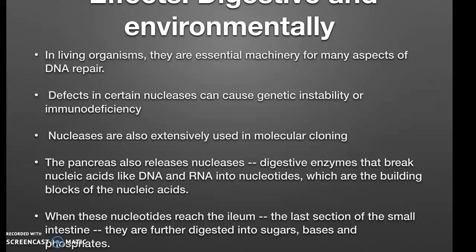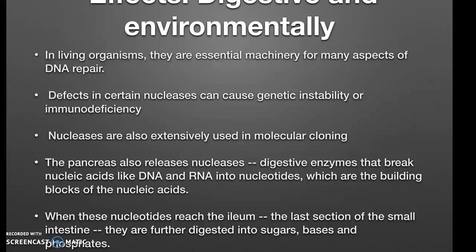The pancreas is the biggest finding that I found with nuclease. The pancreas releases nucleases, and those digestive enzymes break nucleic acids like DNA and RNA down into nucleotides. So this is where the building blocks of nucleic acids happen.